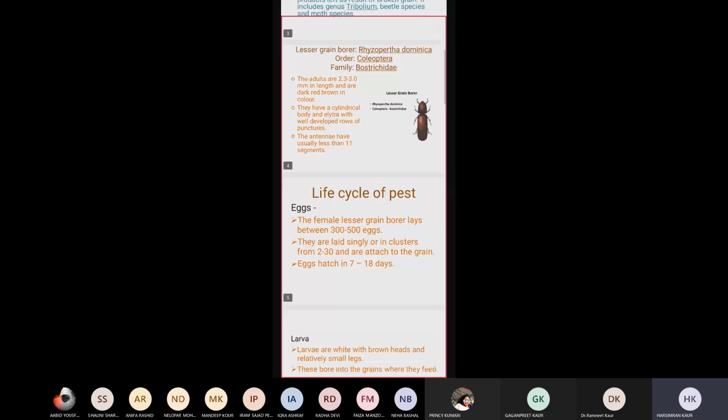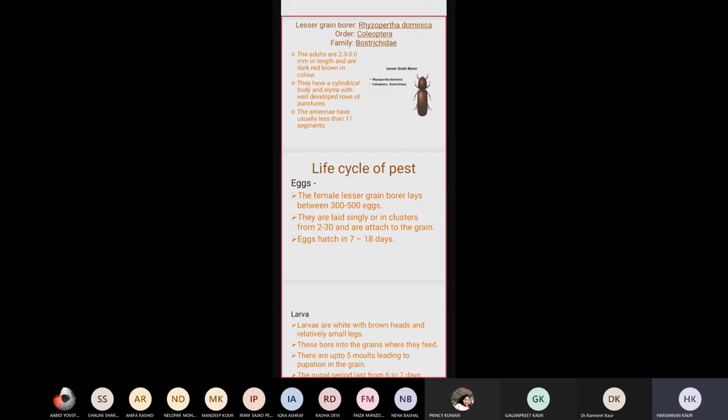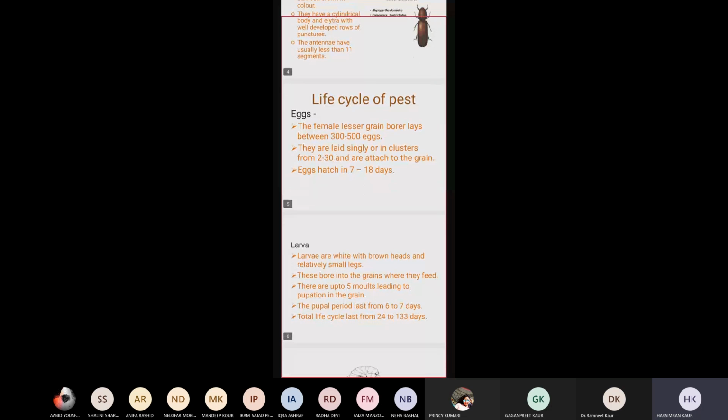And then further, larvae. Larvae are white with brown heads and relatively small legs. The larvae have brown color, particularly the head, and they have small legs. They bore into the grains where they feed. They infest the grains and there can be up to 5 molts, and after that pupation occurs, meaning the larva metamorphoses and changes into the pupal stage.